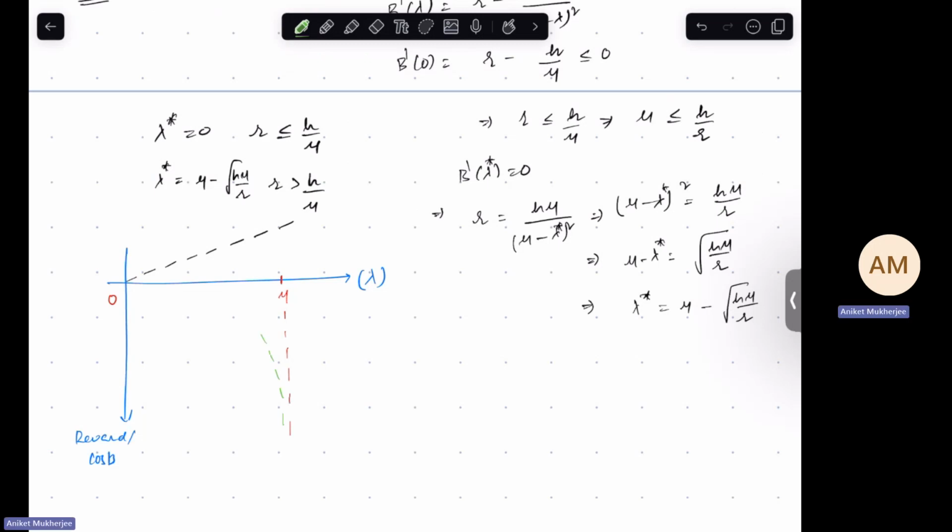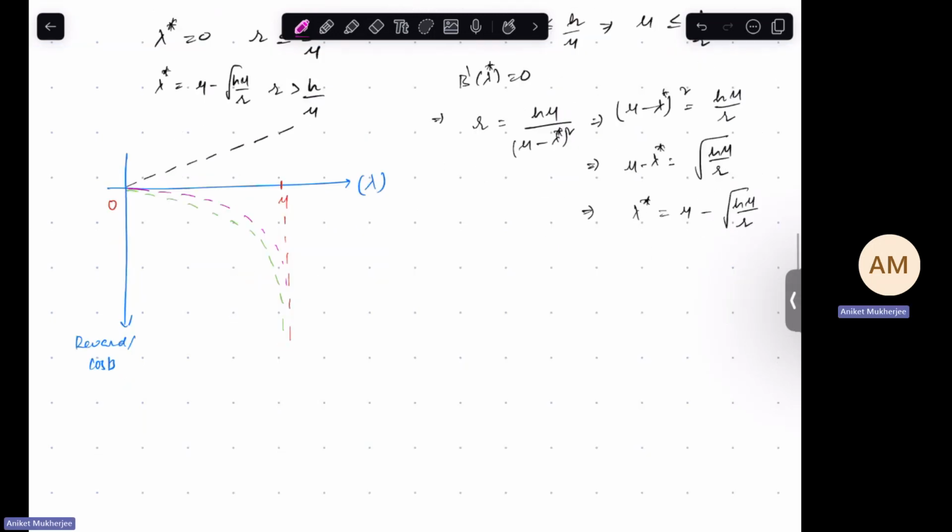And if your lambda is zero, then your waiting cost is zero because you don't have any arrival. There's no one to wait. This is your cost of waiting, and the total, if you add this up, you'll get something similar to this. Right. So this is one case where this could happen.